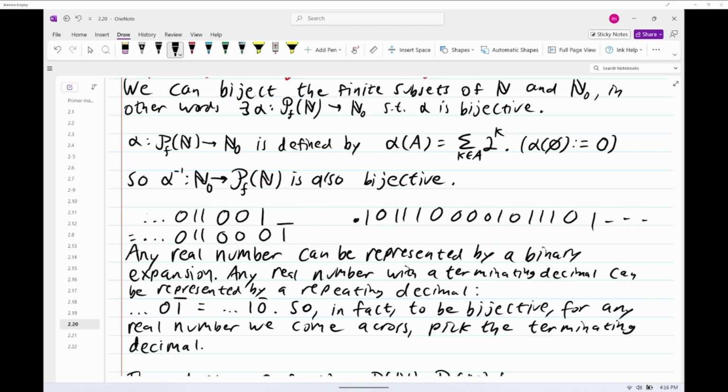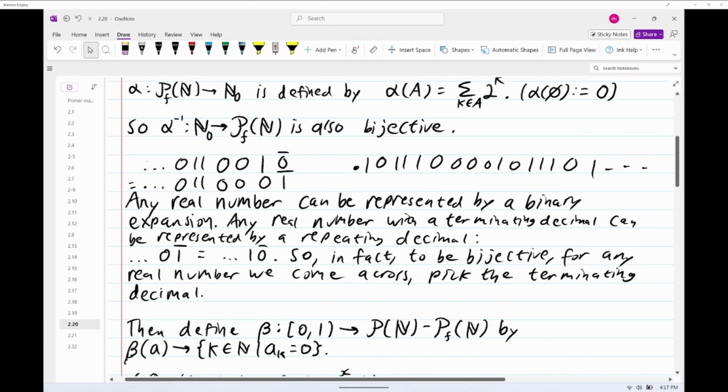Similar to how 0.9 repeating is equal to 1, we can represent any terminating expansion in one of these two ways. We're going to choose the terminating one. We're not going to pick the one that's a bunch of ones.